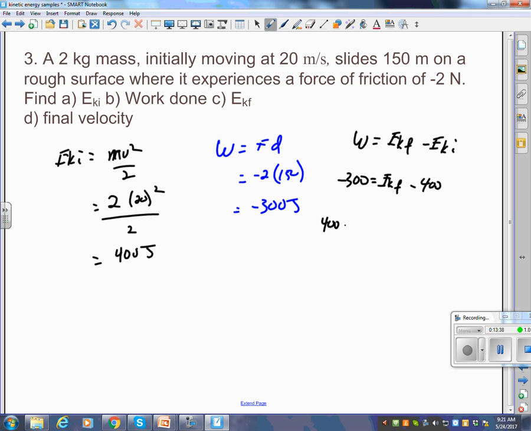So it's 400 minus 300 is EKF, or EKF is 100 joules. The object lost 300 joules of energy. Where did it go? Heat. Energy must be conserved at all times. Quite often, the thief is heat.